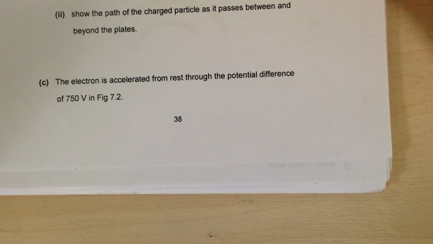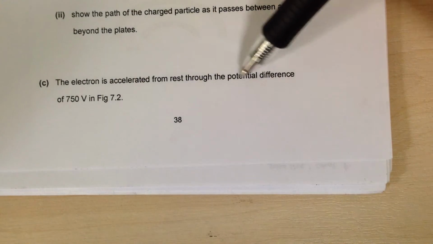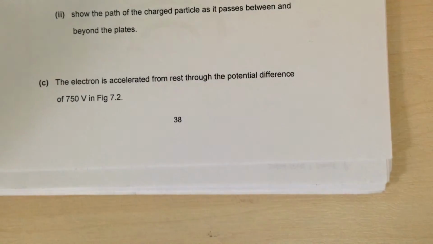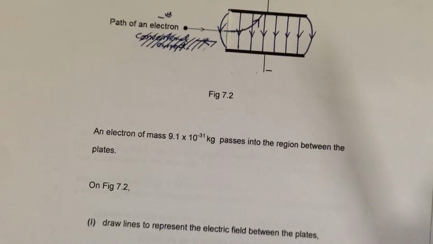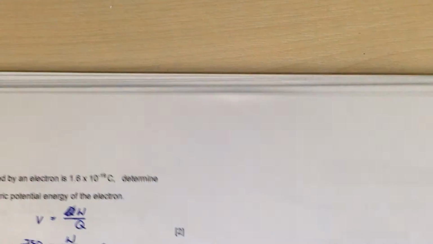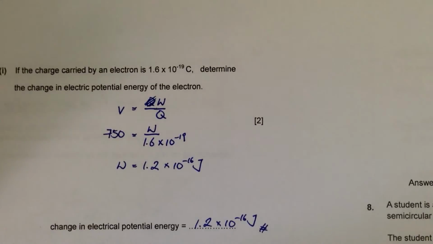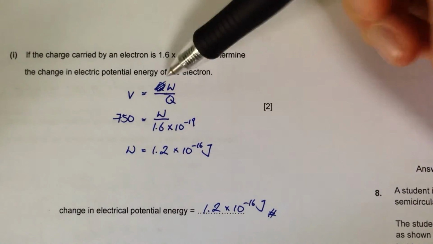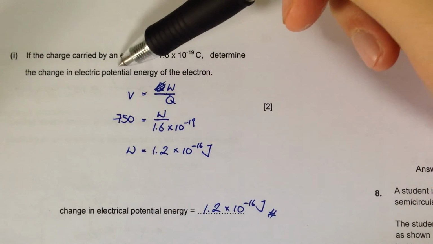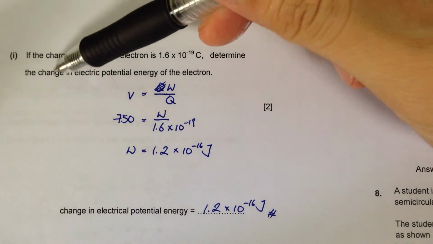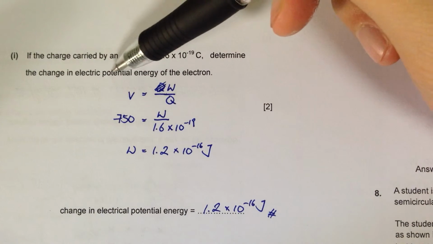Okay, an electron is accelerated from rest through a potential difference of 750 V. Okay, let's see what is in store for us. For part 1, you are asked to find the change in electric potential energy.